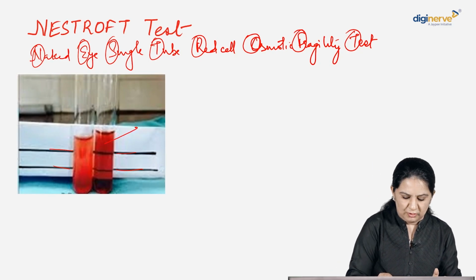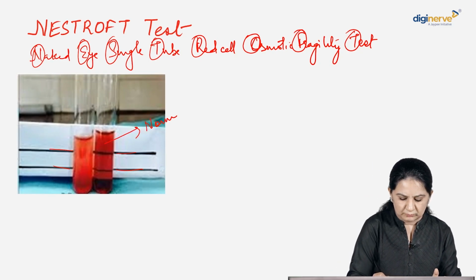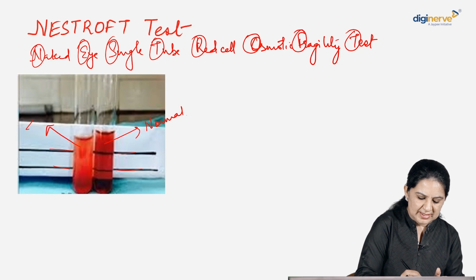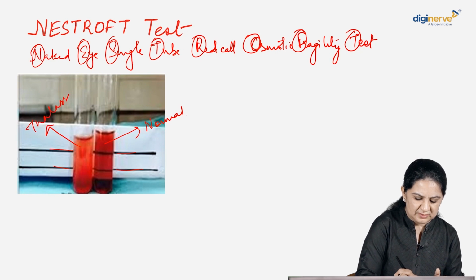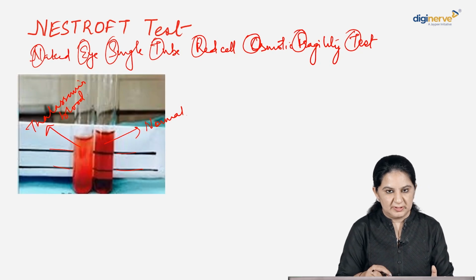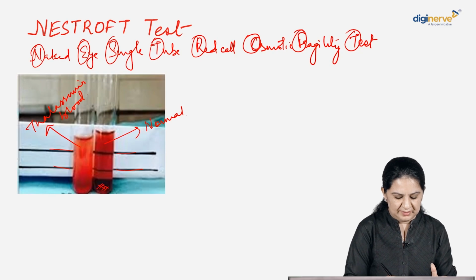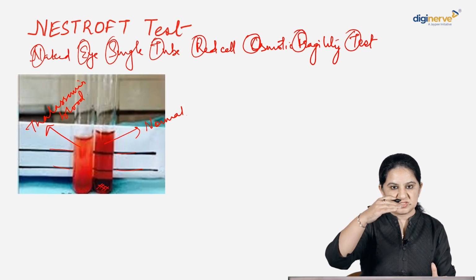So, this is normal and this is thalassemic blood. How do you say that? If you add buffered saline to normal blood, the cells will lyse. The cells will settle at the bottom and you will see clear plasma on the top.